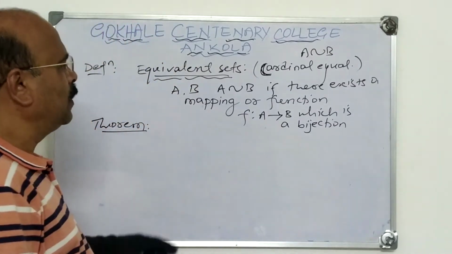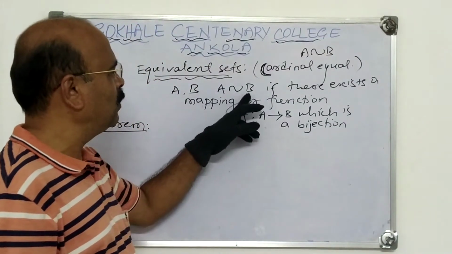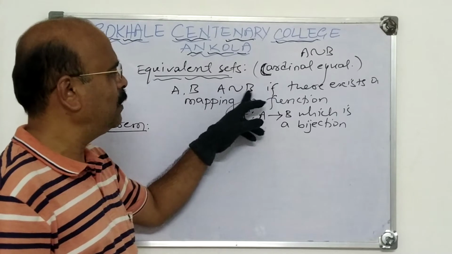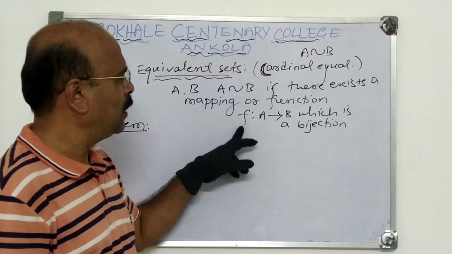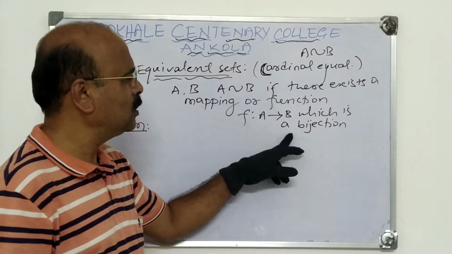That means A is cardinally equivalent to B, or A is equivalent to B, if there exists a function or mapping f from A to B which is a bijection.